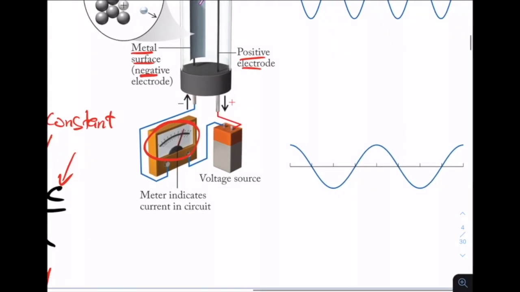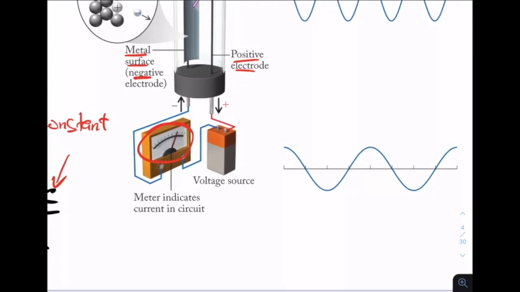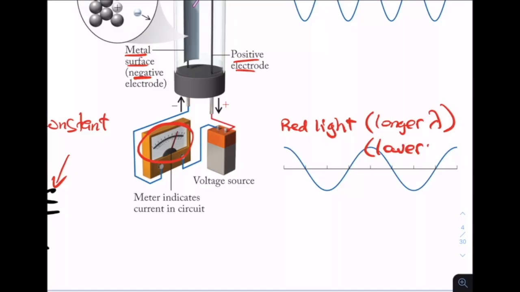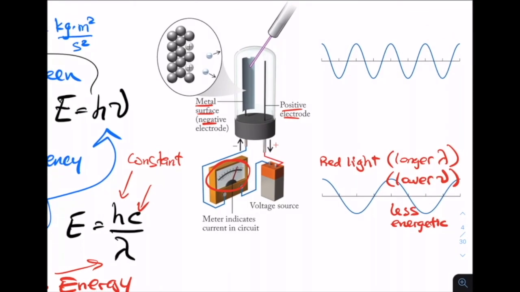If you were to shine some red light that has a fairly longer wavelength, and we know that the longer wavelength has the lower frequency, which means that it's less energetic.